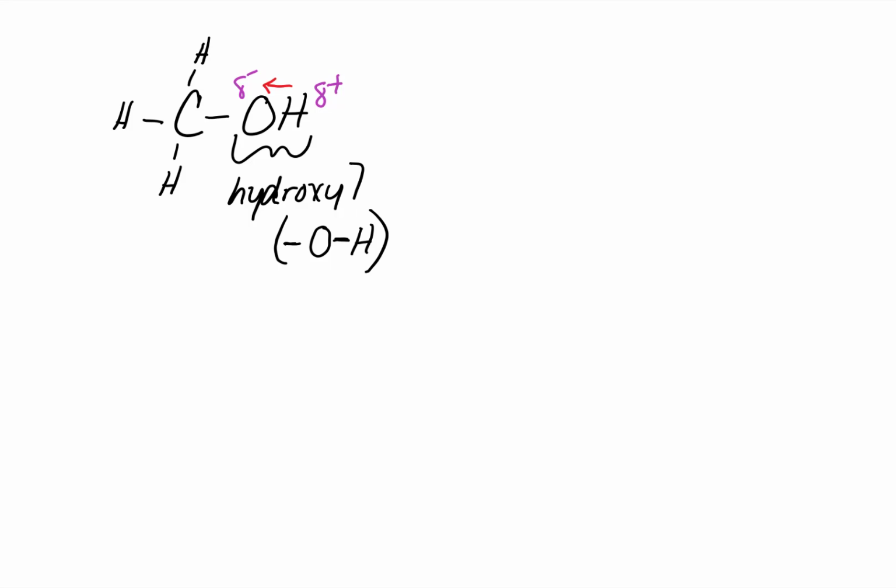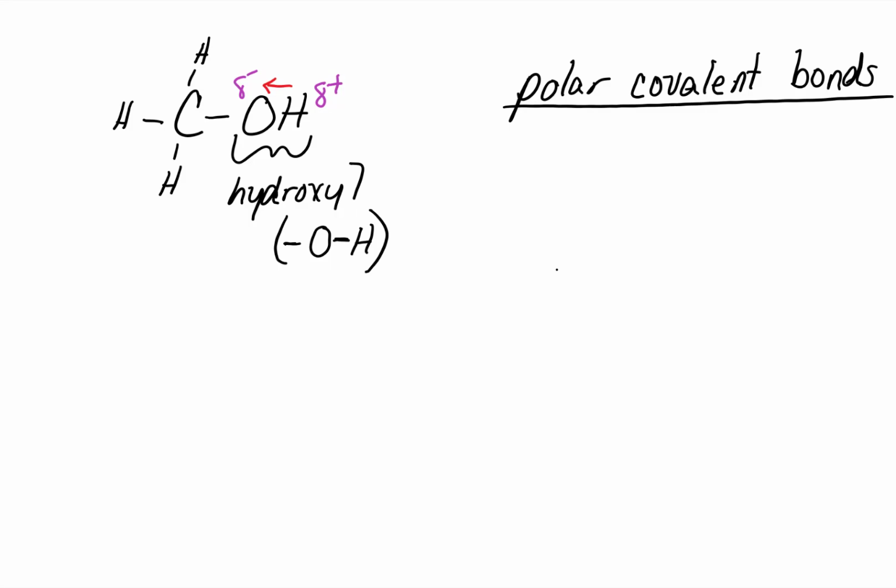So I don't want you to think about polarity just in the concept of water. We can apply the concept of polarity that we discussed and focused on in water to other molecules that also have oxygens and hydrogens covalently bonded to one another. When we think about atoms that are going to produce polar covalent bonds that are part of our biological molecules, then two atoms that we really want to focus on are oxygen and nitrogen.